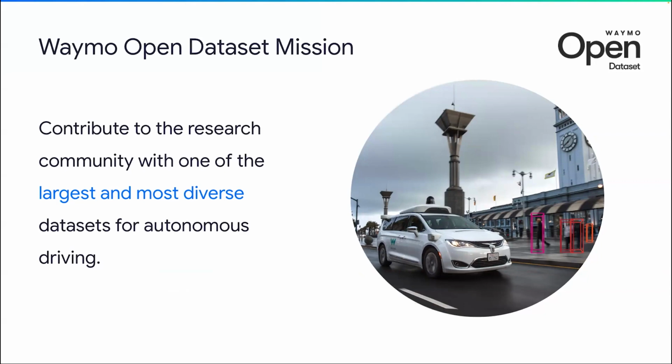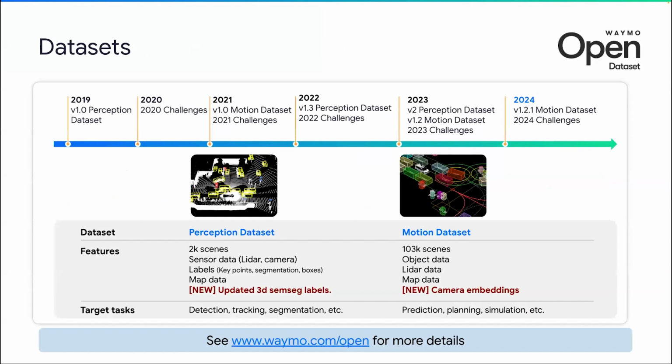So we basically want to do this by releasing one of the largest and most comprehensive data sets on autonomous driving, collected by Waymo cars over the span of multiple years and multiple cities where we operate. As I said, this has been a very long journey. From 2019, this was the first release of the perception data set, and up until now we've had many new features coming every year and many challenges that we hosted.